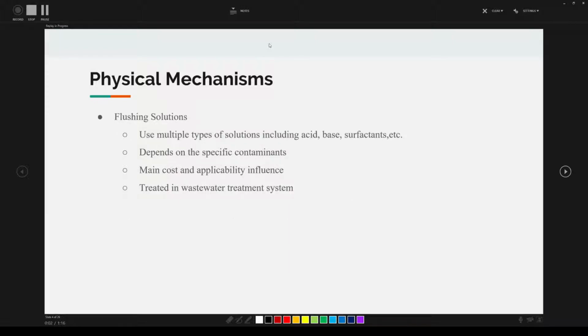Here is the important part. I will say that it is the most important part for the whole mechanism of in situ soil flushing. It's the flushing solution. There are many types of solution, including acid-base and surfactants, and using many different kinds of flushing solutions will depend on the condition of the site, the specific contaminants, and also the cost and the applicability, which will be talked about in later slides.